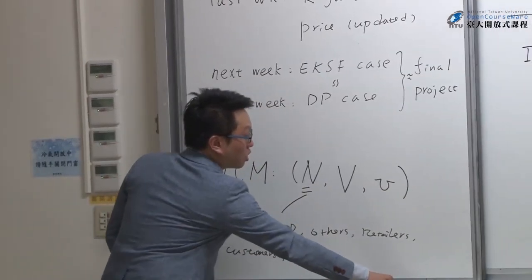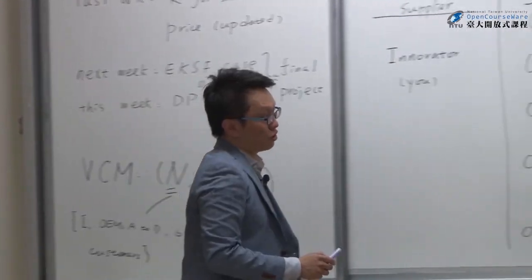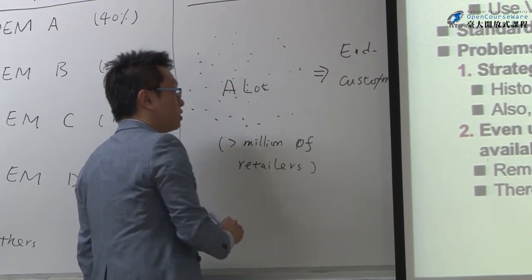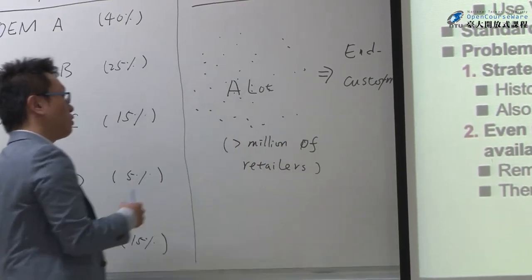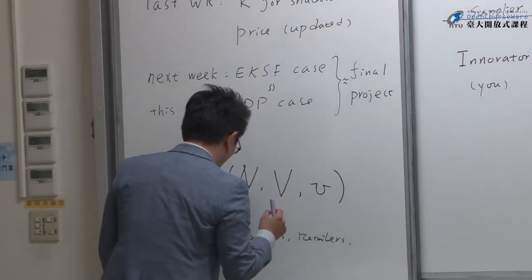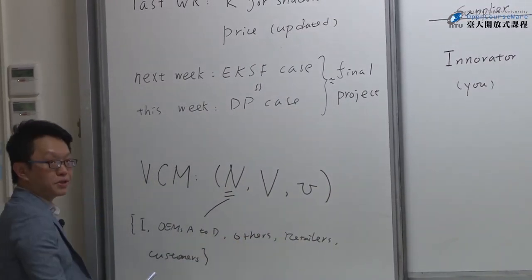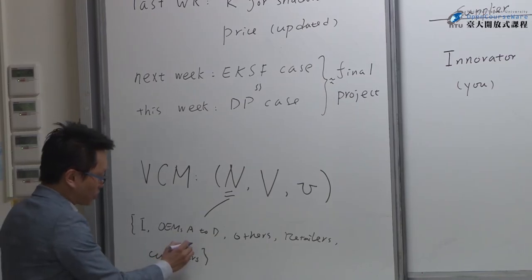Now, we want to simplify the analysis. We see we have a lot of retailers and even more customers. Can we find a way to estimate them without using them in the VCM? That's possible. If I can consider over 1 million retailers, I don't need to consider customers.